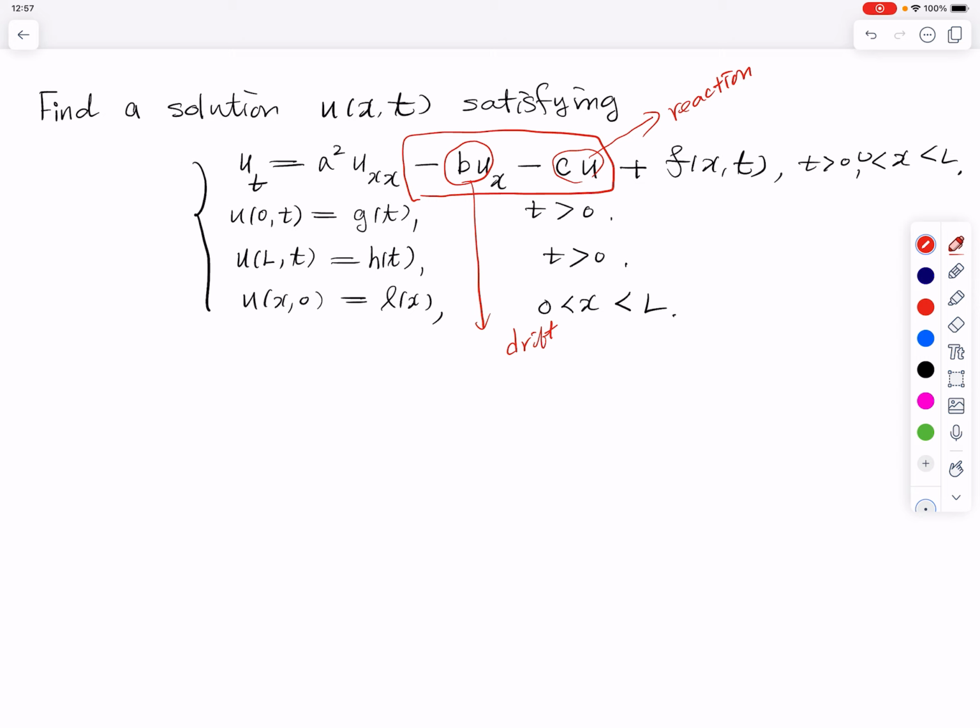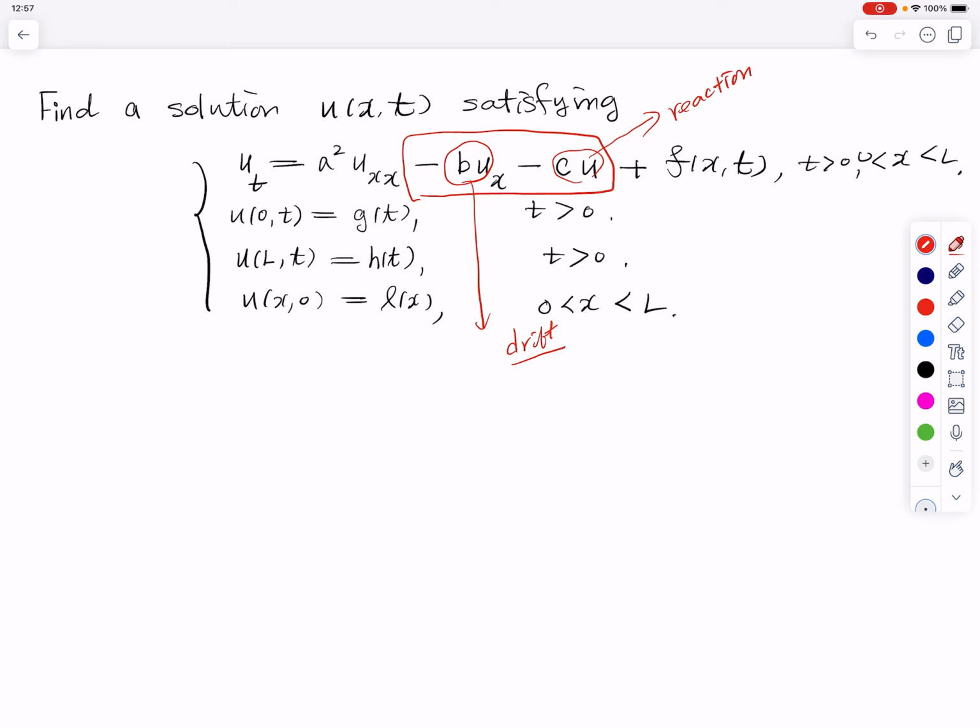Suppose U is moving in a diffusion process, then some force from outside will also have an effect on U. So that is called the drift term, and C is a reaction term.